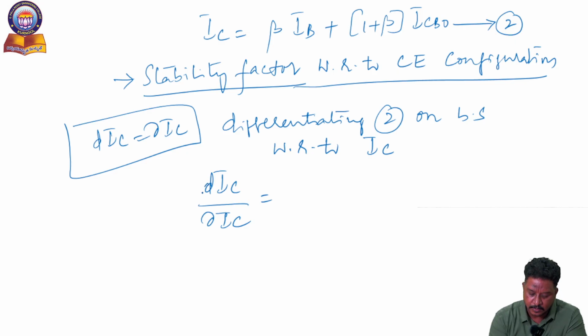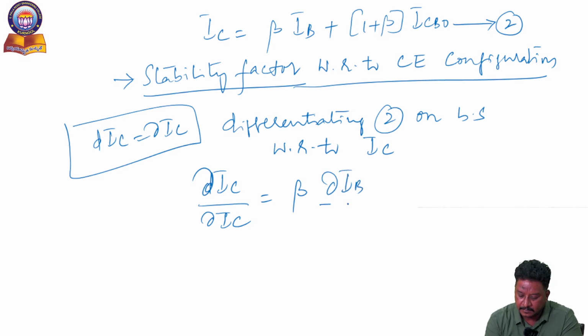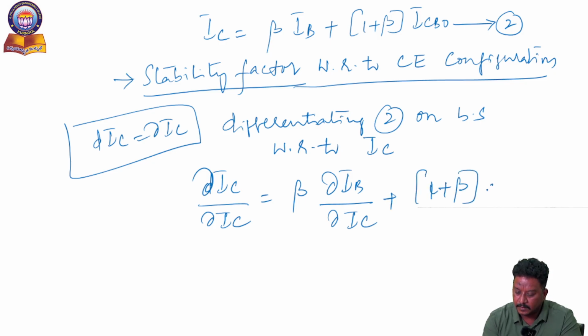In this case, ∂IC by ∂IC is equal to beta differentiating with respect to IC plus 1 plus beta differentiating ICBO, is equal to IC.